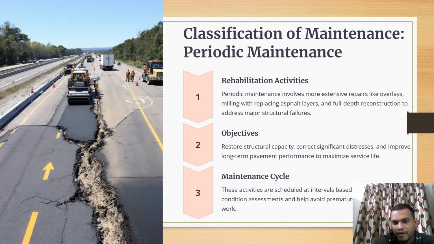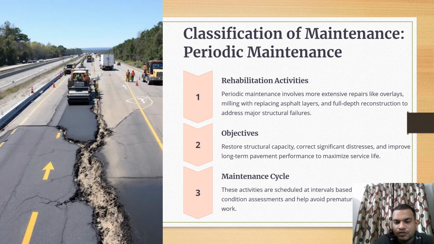Classification of periodic maintenance. Rehabilitation activities needed for periodic maintenance. Periodic maintenance involves more extensive repairs like overlays, milling and replacing asphalt layers, and full depth reconstruction to address major structural failures.